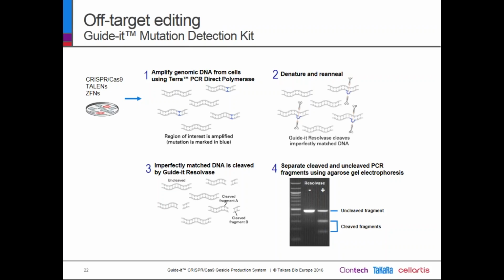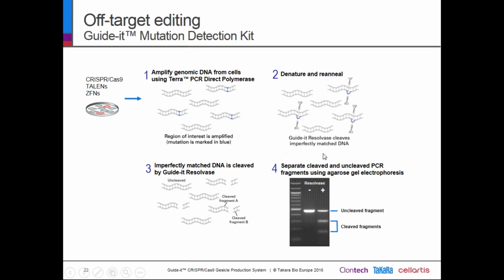So you do not need to purify your genomic DNA. You can start with a crude extract. And as you are starting with a mixed population of cells, you will also get a mixed population of DNA or PCR fragments, some carrying different mutations and some will be wild type.